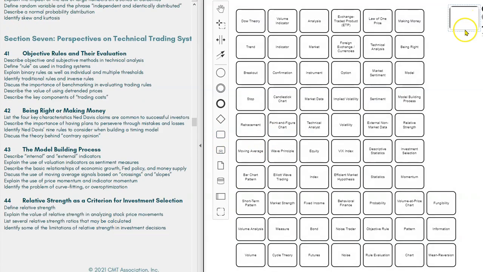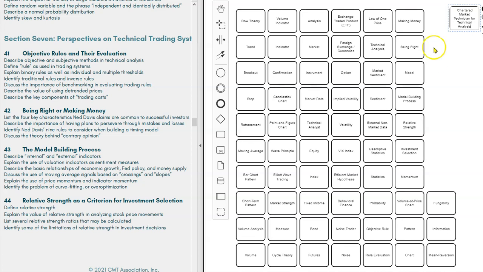So these are the however many we have here. Chartered Market Technician is the official name. But really it's for technical analysis of many different types of assets.